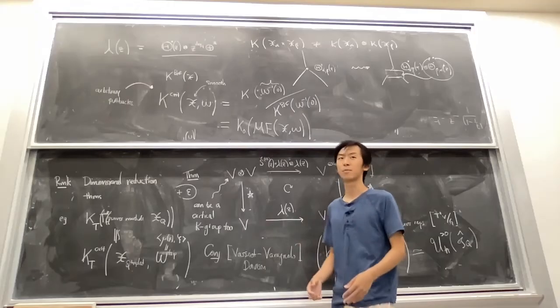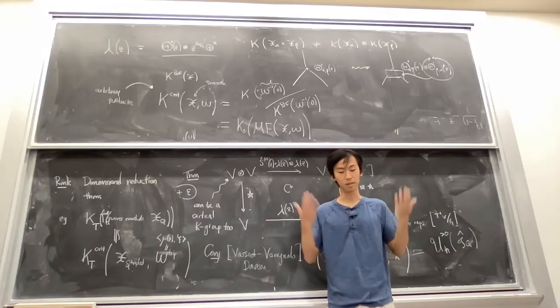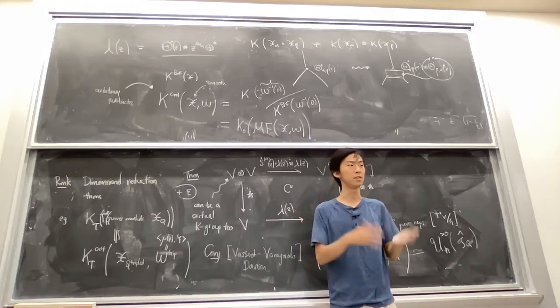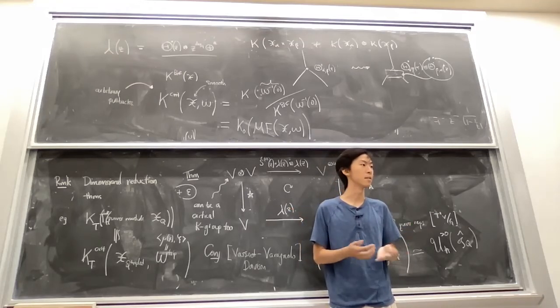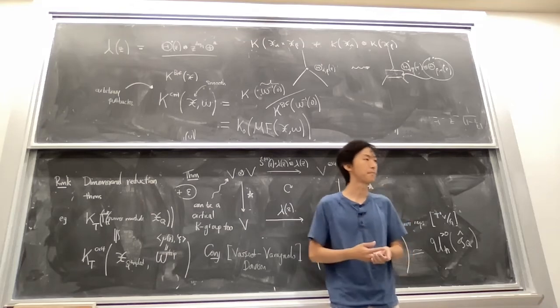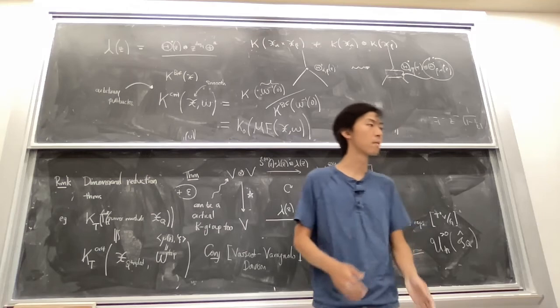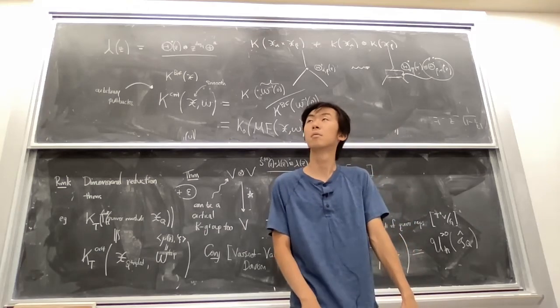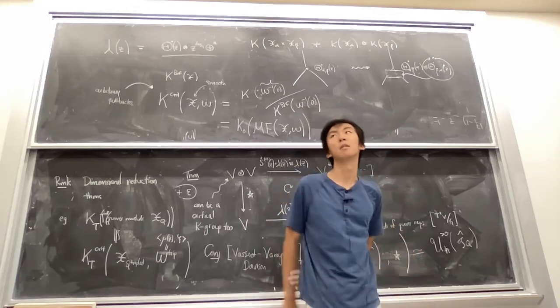I mean, we can even take a step back from that. We can just ask, will this kind of wall crossing give you any input into things like DT/PT? That's kind of like a minimal version of the question.